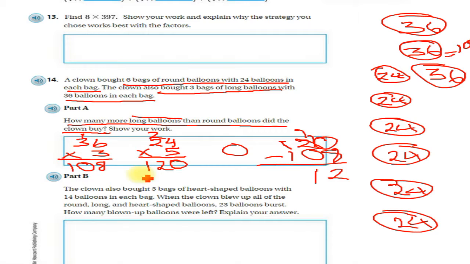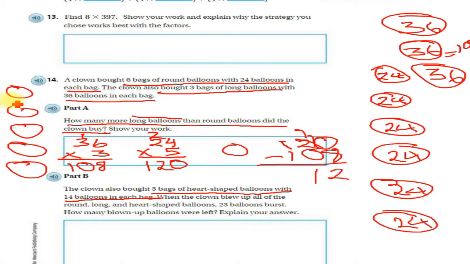Okay. Alright, for part B, it says the clown also bought 5 bags of heart-shaped balloons with 14 balloons in each of those bags. So I can show those bags over here. 1, 2, 3, 4, 5. And it says there's 14 in each bag: 14, 14, 14, 14, 14.